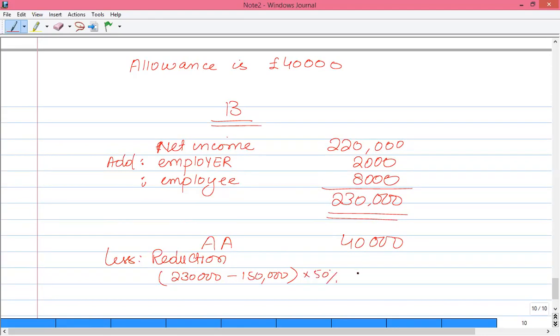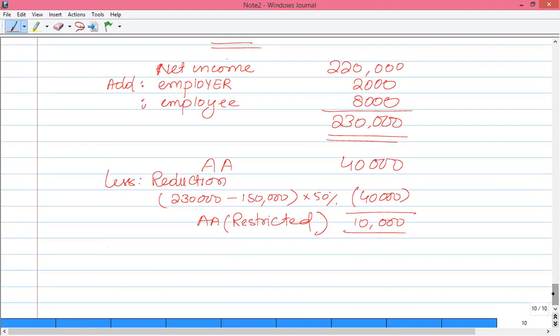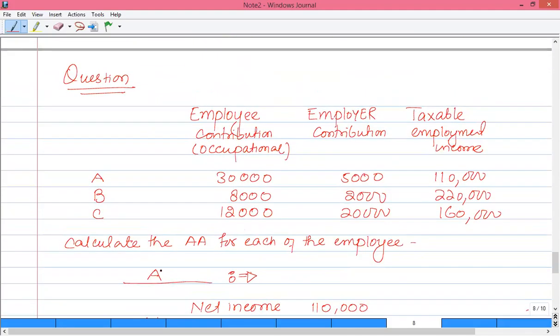That means our reduction is 40,000, but the AA is restricted up to 10,000. So we'll use 10,000.